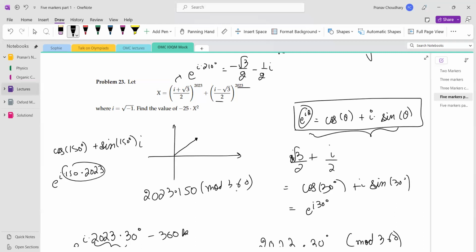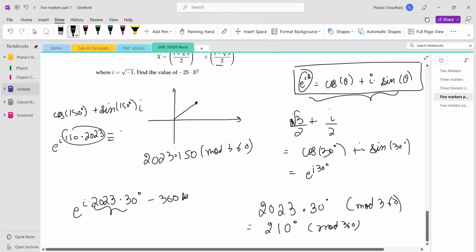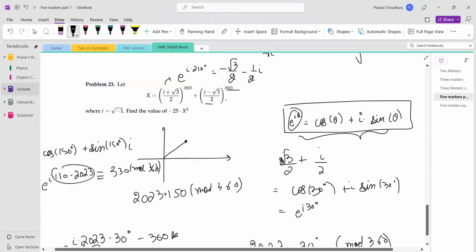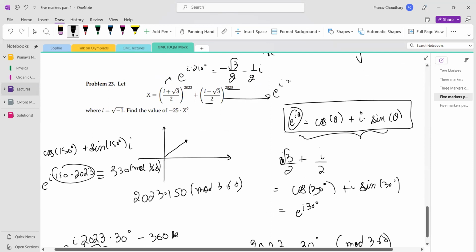This is slightly hard to calculate. 720 plus 720, yeah, so this is minus 30, which is 330. So this thing is 330 modulo 360, so this thing here is e to the power i times 330 degrees.